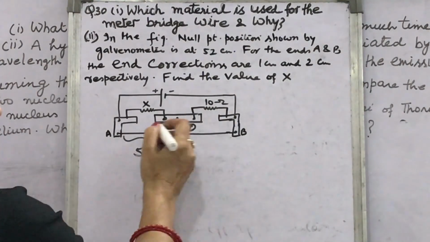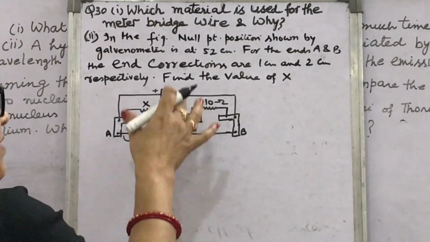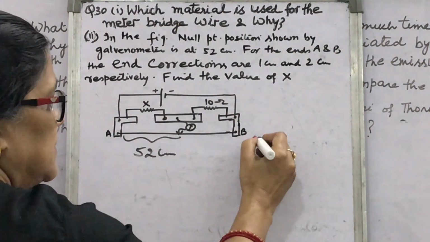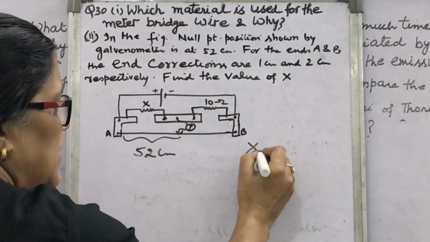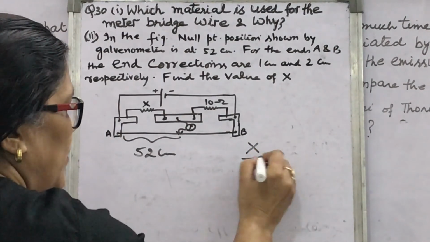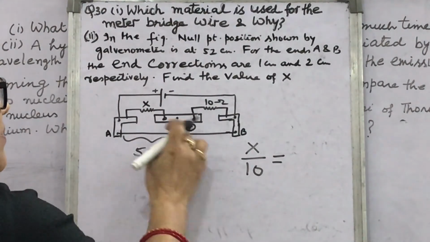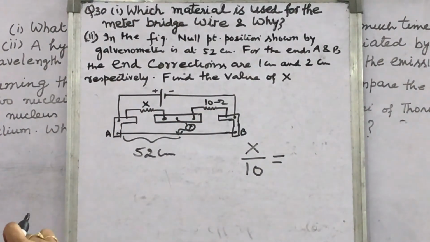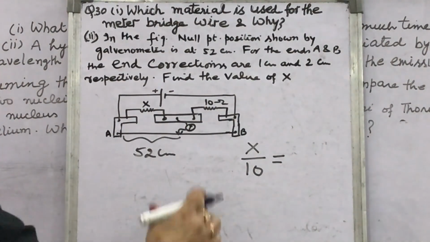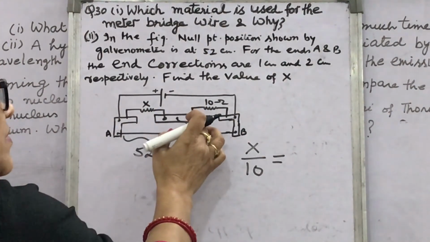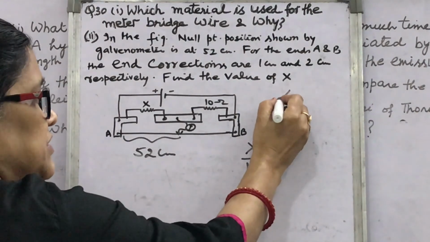You know the principle of the Wheatstone bridge on which the meter bridge works. What does it say? That X upon 10 equals P by Q equals R by S. This is the formula. You have read the ratio of resistances of two arms in the principle of the Wheatstone bridge.